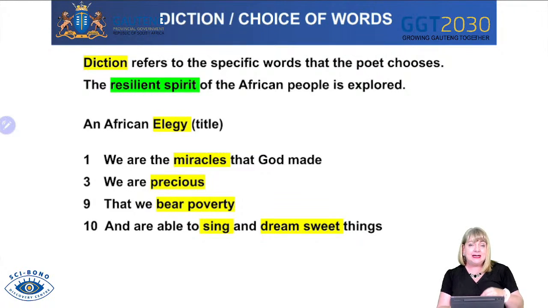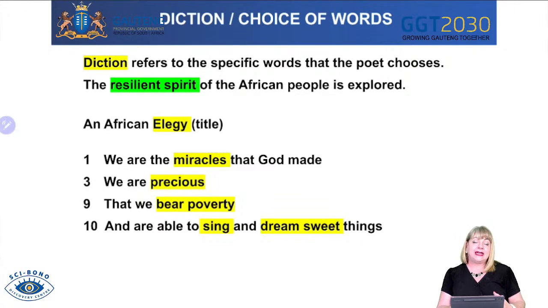And so again, it shows that the African people have a resilient spirit. Their spirit helps them to survive. They can bounce back again and again and again from setbacks. And you would also maybe mention words like sing or dream sweet things.